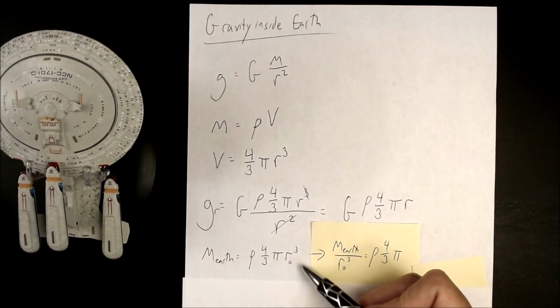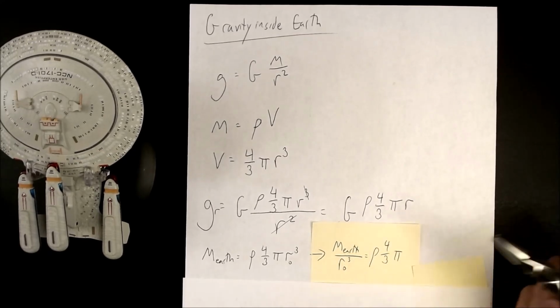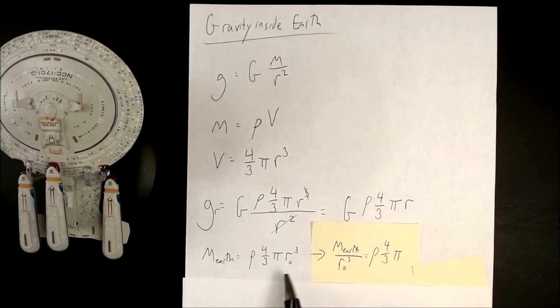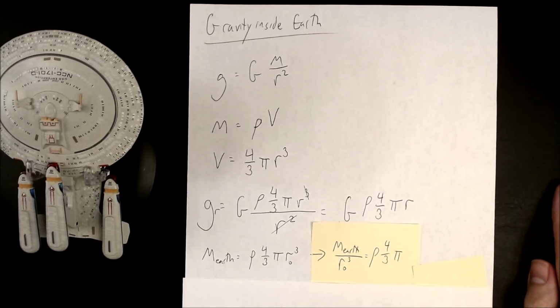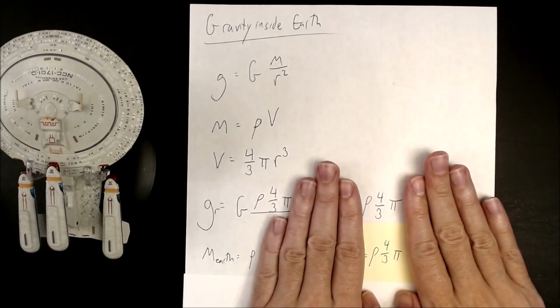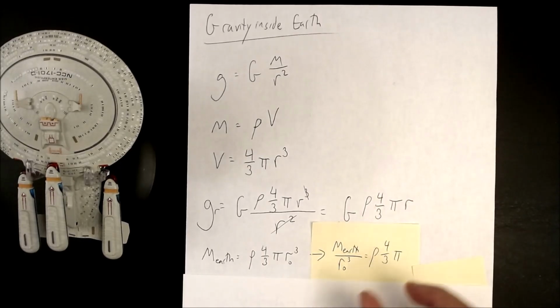I just have r naught, r sub 0, there, but just pretend that that means the radius of the Earth. I can divide both sides by r naught cubed and get the mass of the Earth divided by r naught cubed is equal to rho times 4/3 pi. But I've got a rho times 4/3 pi right there in the previous equation. I can replace this rho 4/3 pi with the mass of the Earth divided by the radius of the Earth cubed.